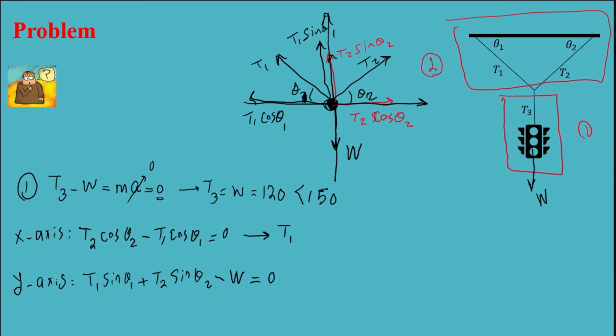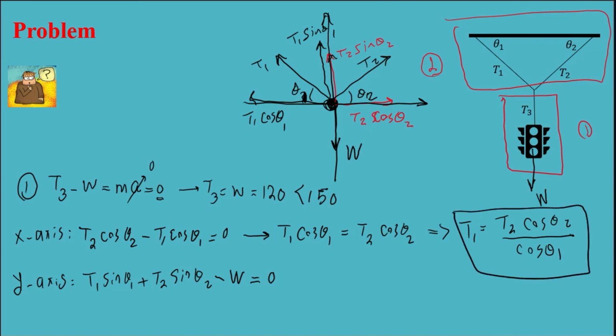My T1 cos theta 1 is going to be equal to T2 cos theta 2, right? And then from here my T1 is going to be T2 cos theta 2 divided by cos theta 1, right? So now I have my T1. I can substitute right here.